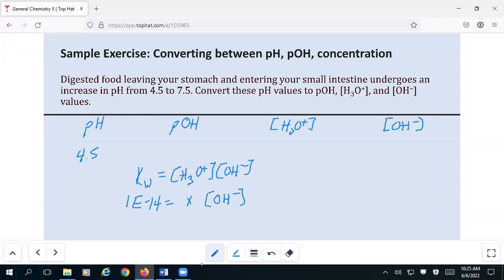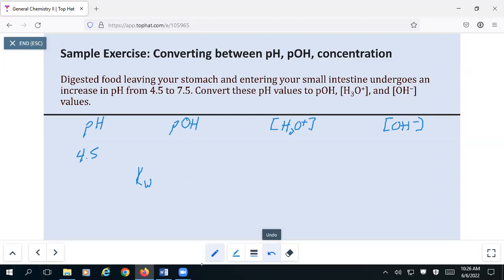And if I slip up on my calculator and I put in a positive exponent instead of a negative, or flip the fraction accidentally, I'm going to end up with a whole host of problems. So my general rule of thumb here is I'm going to avoid using that Kw expression unless I absolutely have to. If I have to, I'll go to it. Otherwise, I'm going to try to work around it as much as possible.